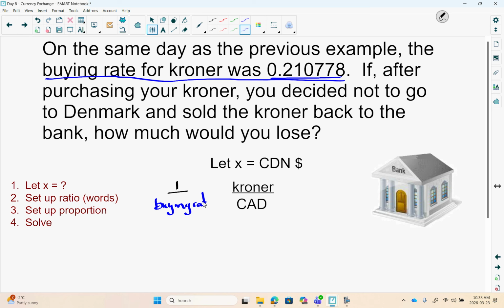And can you fill this in on your sheet? It's going to equal your foreign amount over your Canadian amount. So when I fill this in, I'm going to write 1 over. What should I put for the buying rate? 0.210778. And it's going to equal, how many kroner did I have? Think of the previous example.